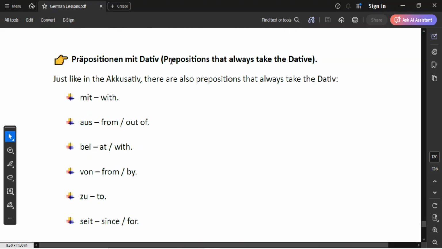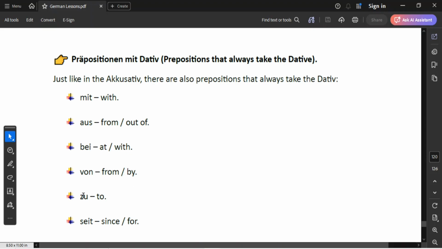Prepositions with dative, that is, prepositions that always take the dative case. Just like in accusative, there are also prepositions that always take the dative case. We have mit, which means with. Also we have aus, which means from or out of, bei, which means at or with, von, which means from or by.